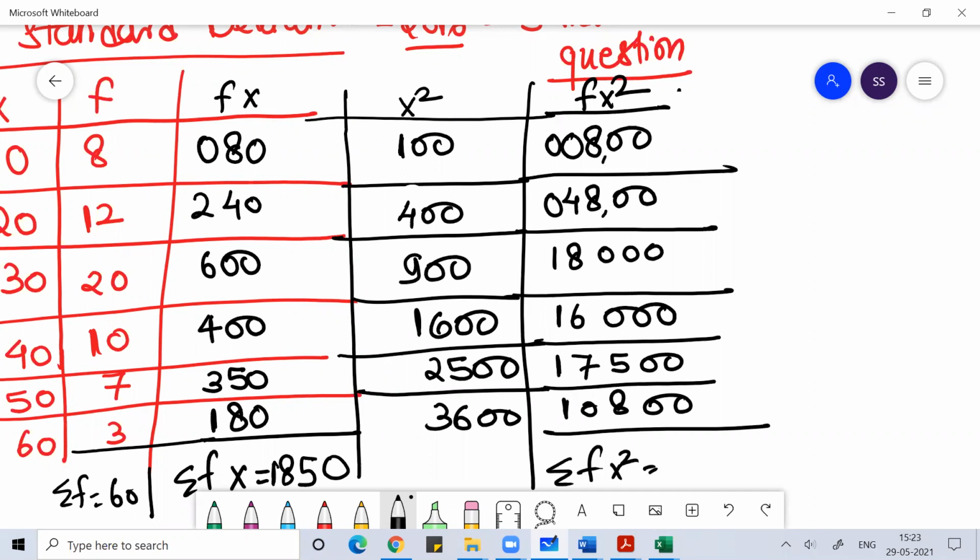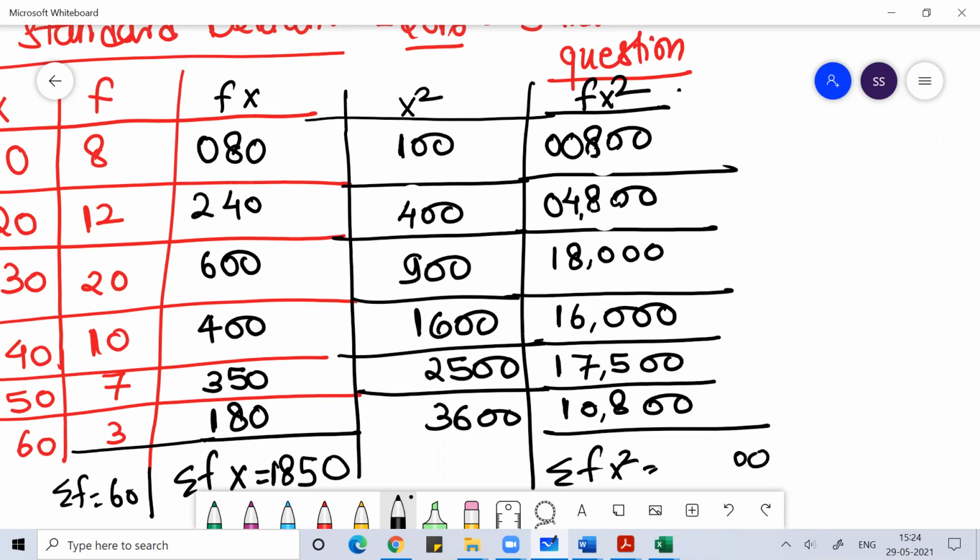Understand where to put the comma. So 800, no need to put a comma here. This is 4800, don't put the comma here, put it after 4.